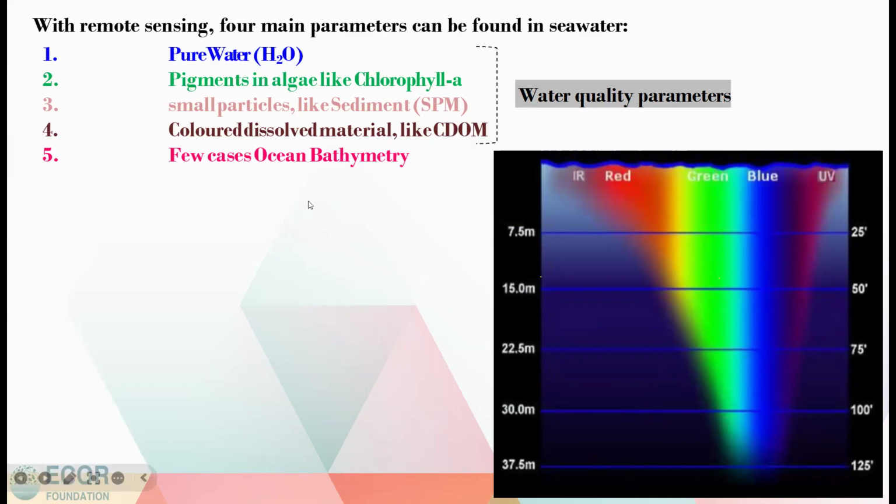And in a few cases, we have bathymetry as well. The first three parameters are considered water quality parameters, which really indicate the real condition of that water body, whether it is apt for living things to exist or thrive in that water body. And bathymetry is nothing but the topography of the seabed.